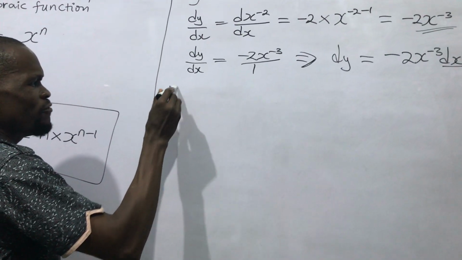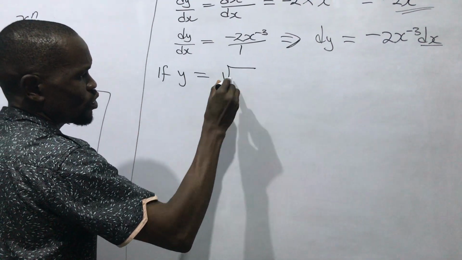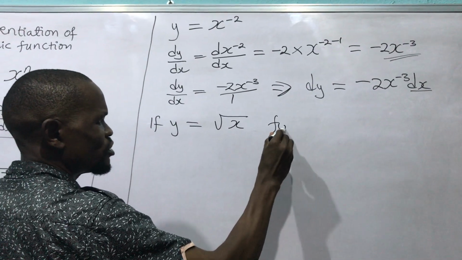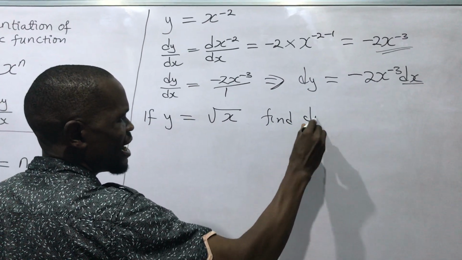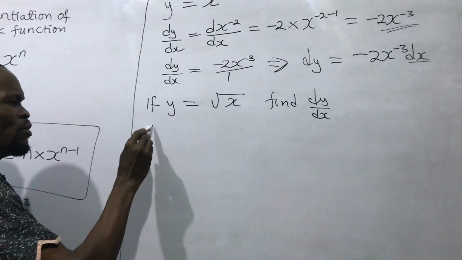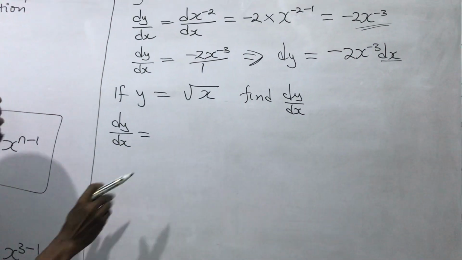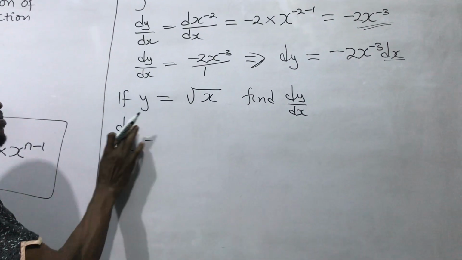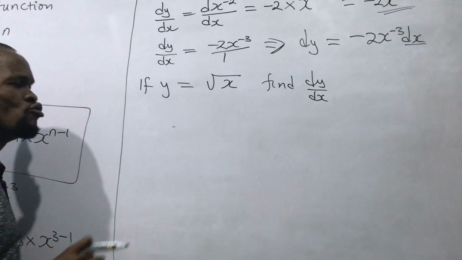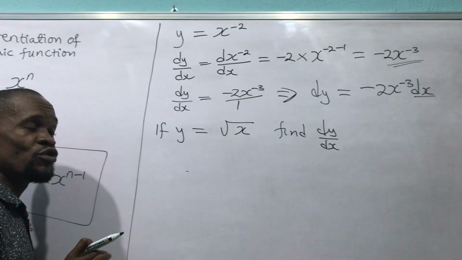Also, let us look at another example. If y is equal to root x, we now say find dy/dx, which means we should differentiate. Before I can differentiate this, which is inside the root, I'll first bring it out of the root.